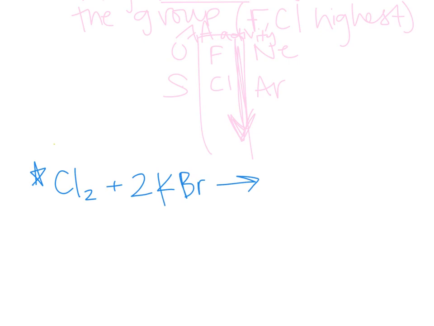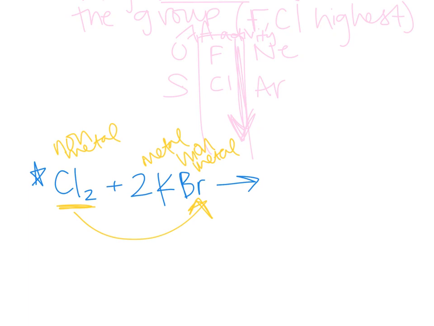Chlorine is a non-metal. It's a gas. And we have potassium. Is that a metal or a non-metal? That is a metal. And then we have bromine, which is also a halogen. So it's also a gas, so a non-metal here. So since this single atom right here is a non-metal, it's going to replace this non-metal right here.